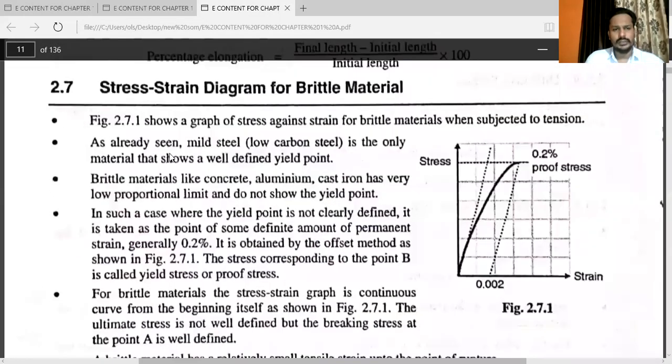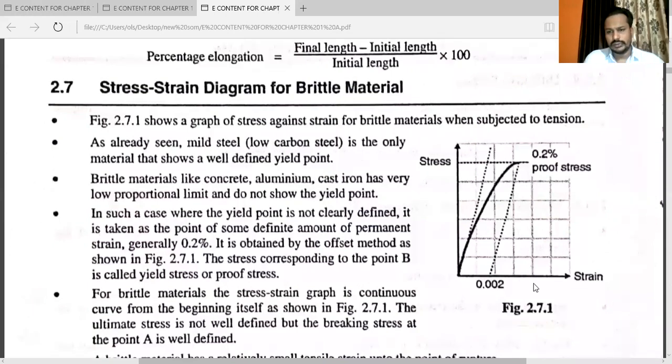You can see this diagram. In this diagram, strain is given at x-axis, stress is given at y-axis. You can see from this point to this, that is stress strain diagram for brittle material. See, you can consider cast iron is a brittle material.